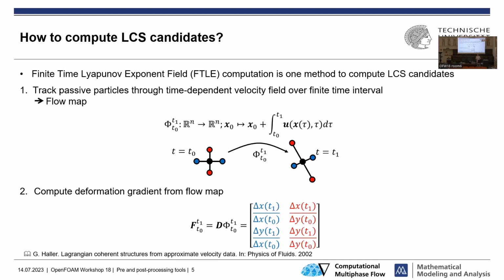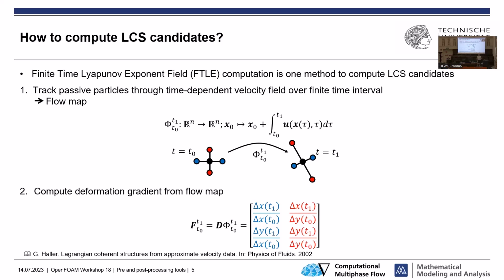This can be done like you normally would track Lagrangian particles, by integrating them over time with the standard integration. Then from that, you can compute the deformation gradient by analyzing how these particles are separating over time or converging over time.